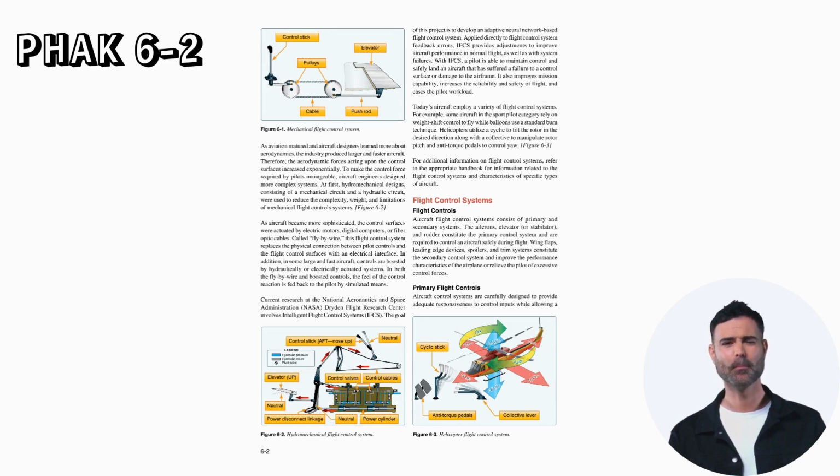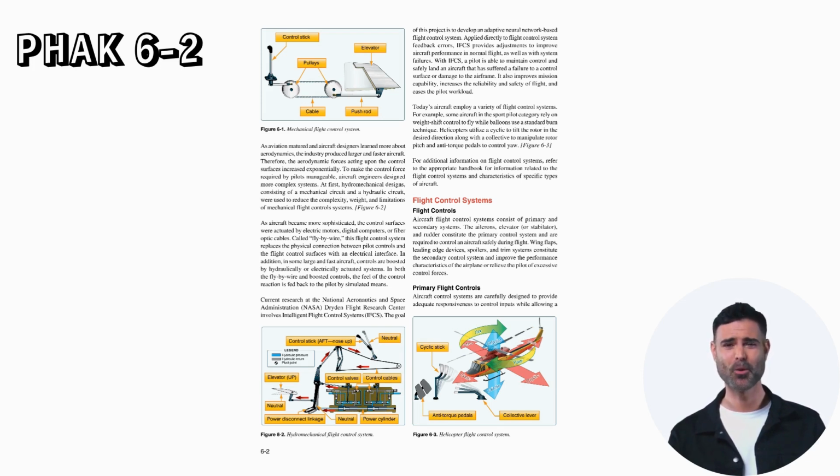As aircraft became more sophisticated, the control surfaces were actuated by electric motors, digital computers, or fiber optic cables. Called fly-by-wire, this flight control system replaces the physical connection between pilot controls and the flight control surfaces with an electrical interface. In addition, in some large and fast aircraft, controls are boosted by hydraulically or electrically actuated systems.